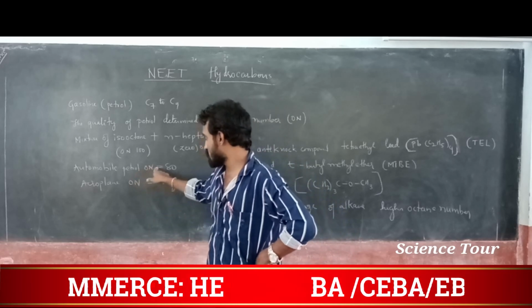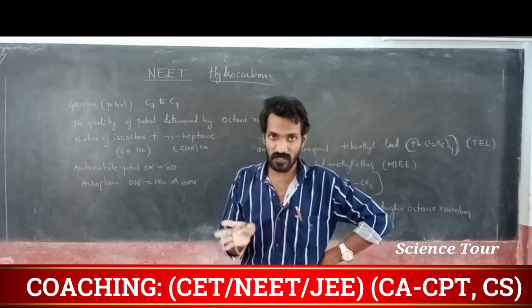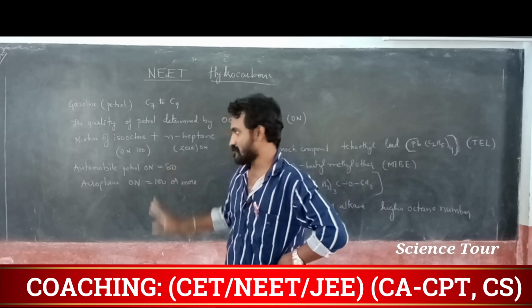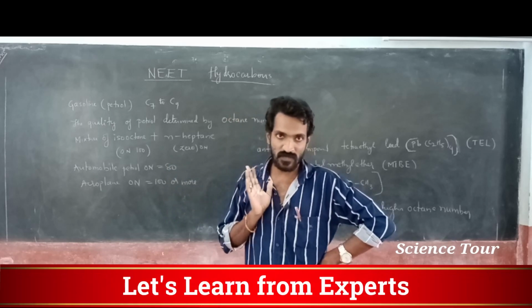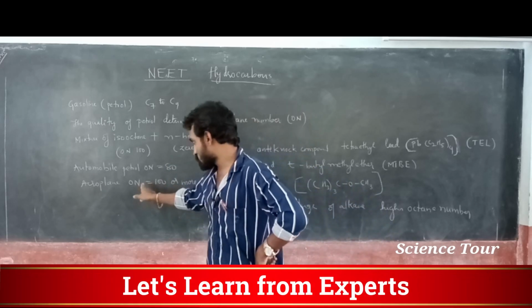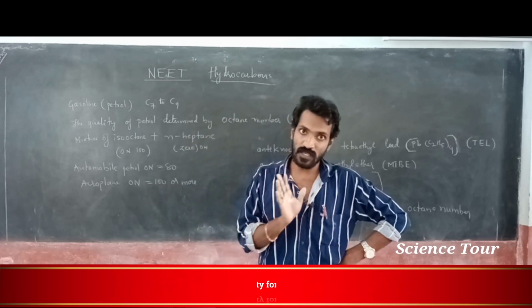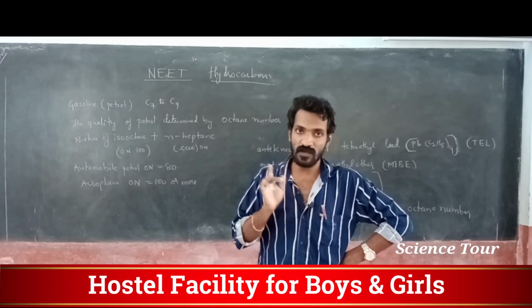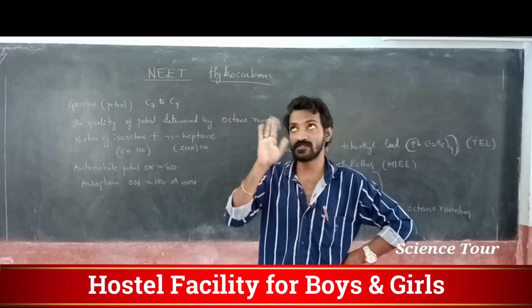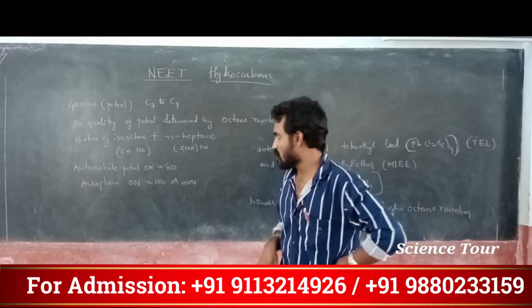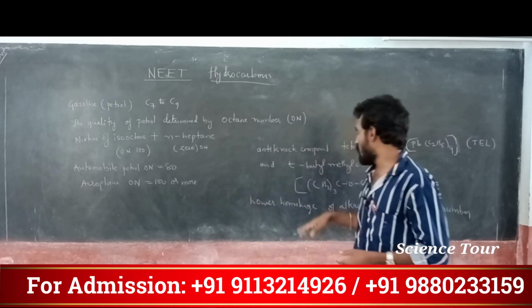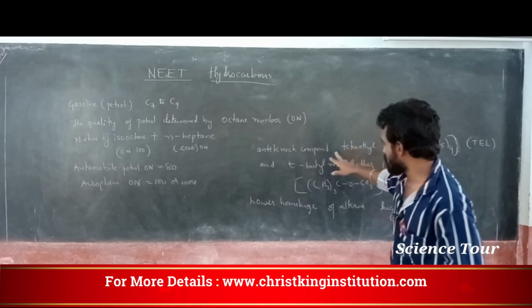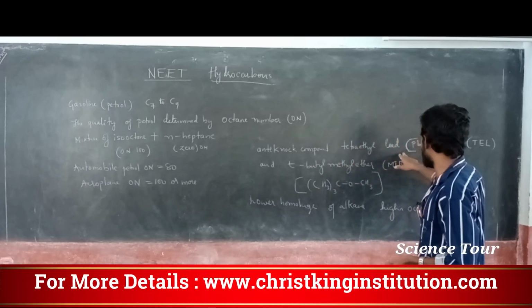For automobiles, if the petrol octane number is 80, then it is good and you can use that petrol. In aeroplanes, the octane number should be 100 or more. Then only you can use that petrol or gasoline for aeroplanes. My dear students, there is also an anti-knock compound.